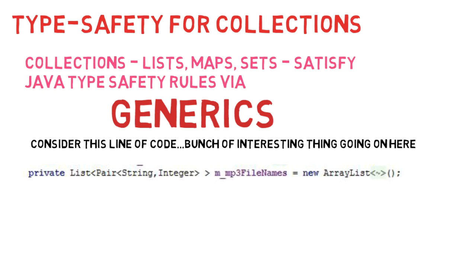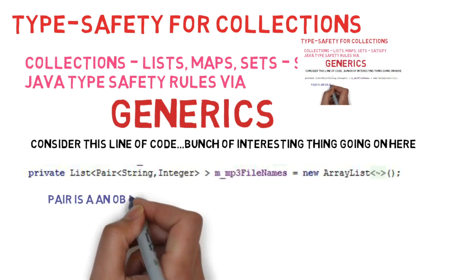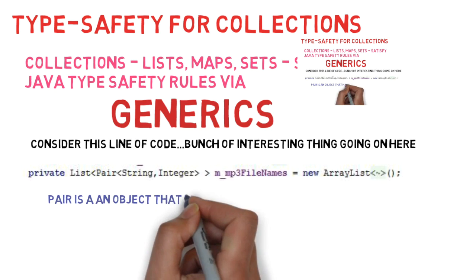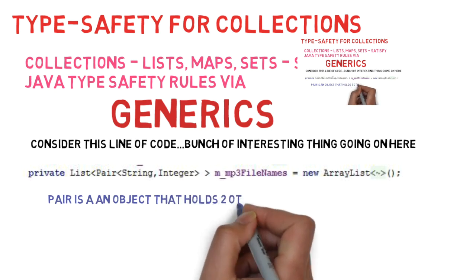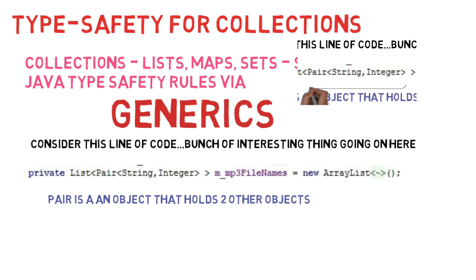Take a look at the code that you see on screen. There's a whole bunch of stuff going on there. Let's read it inside out. You see a pair which takes in a string and integer in those funny angular braces, then you see a list outside. This means pair is an object that holds two other objects. You might have already used this class before.